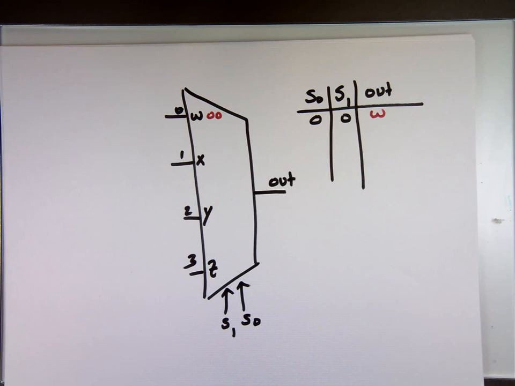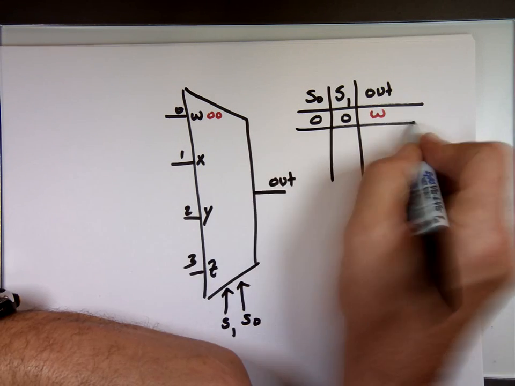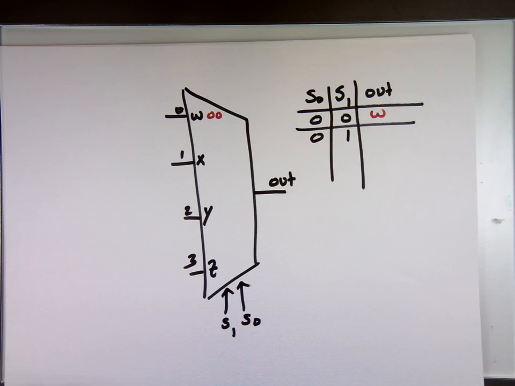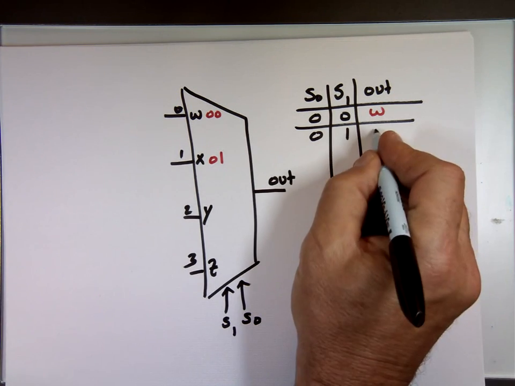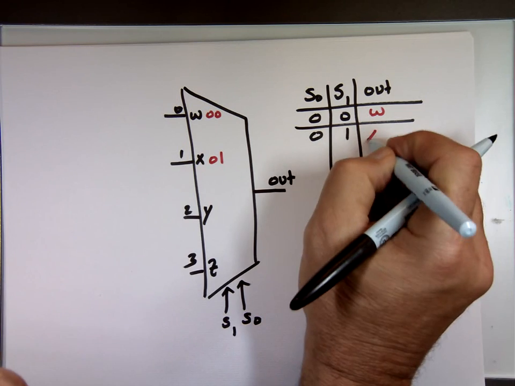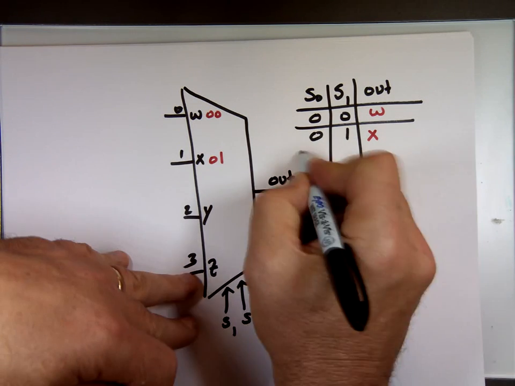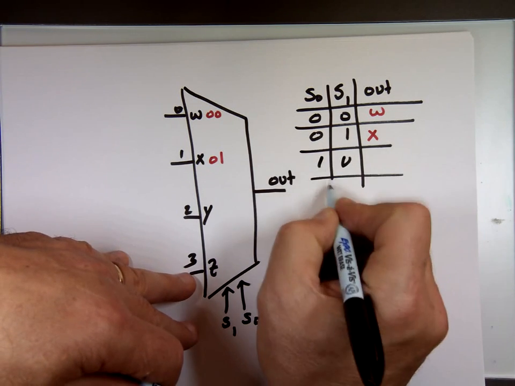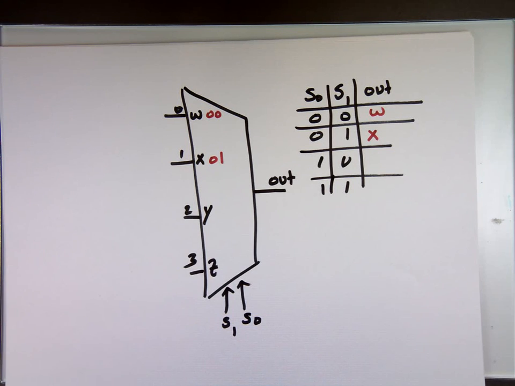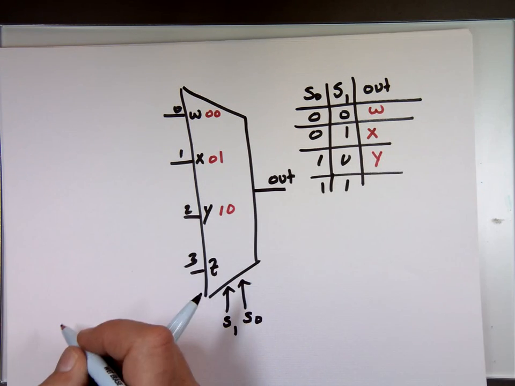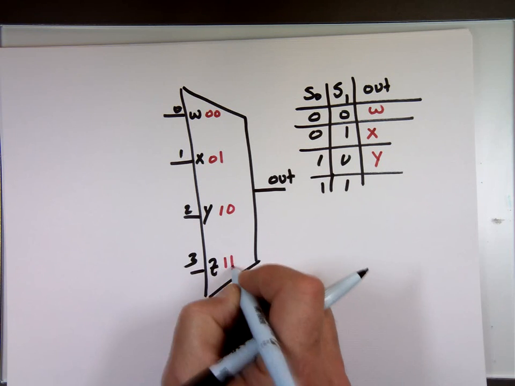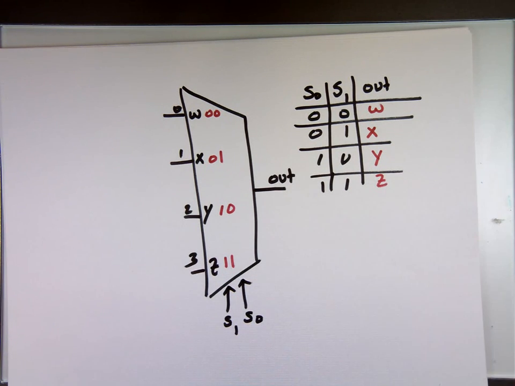If you attach it to 1, it's 1. When it's 0, 1, your output is going to be whatever is attached to pin X. When it's 1, 0, your output is going to be whatever is attached to pin Y, and when it's 1, 1, your output is going to be whatever is attached to pin Z.